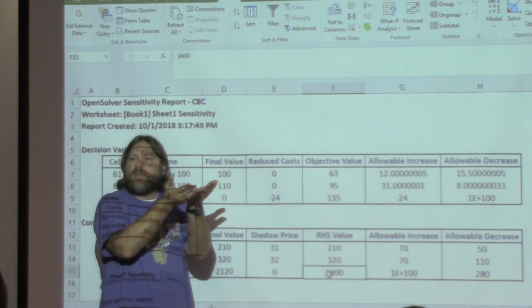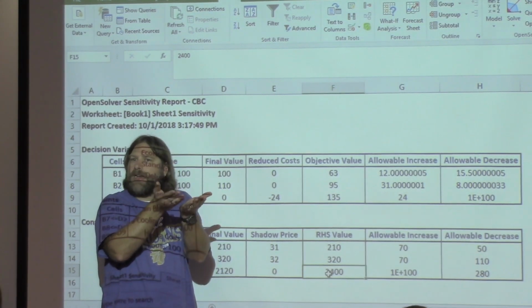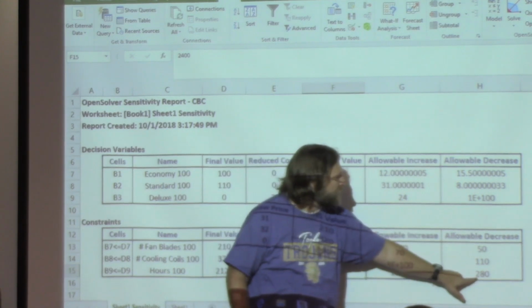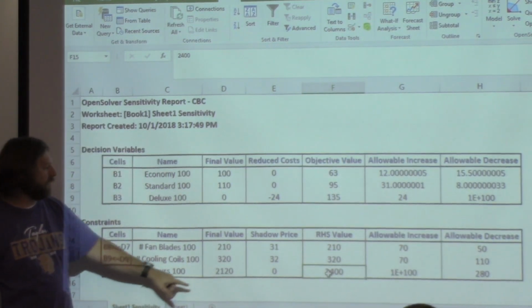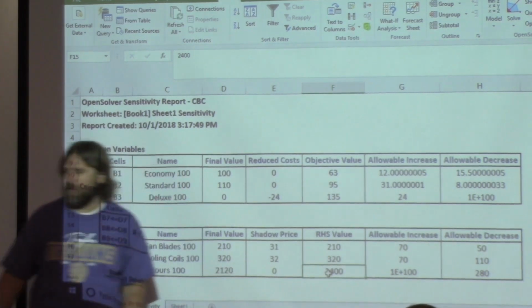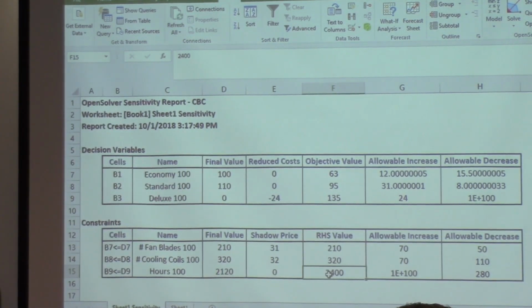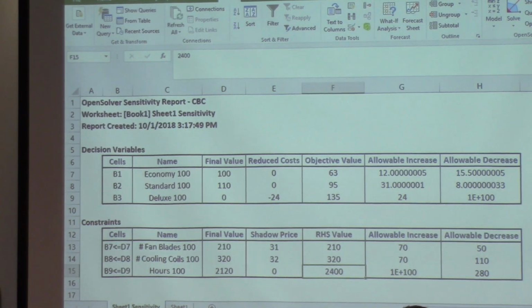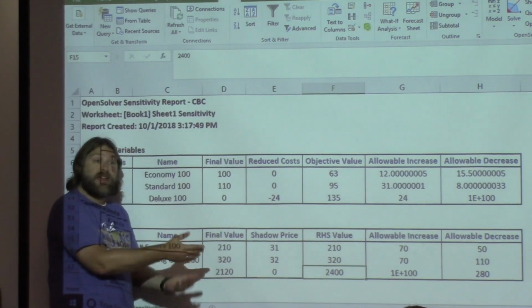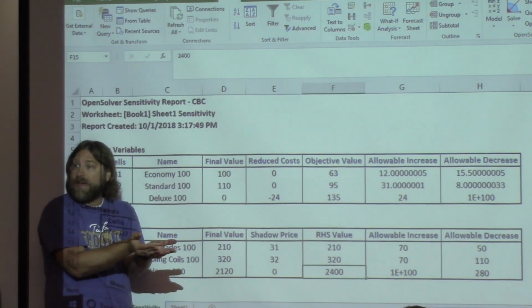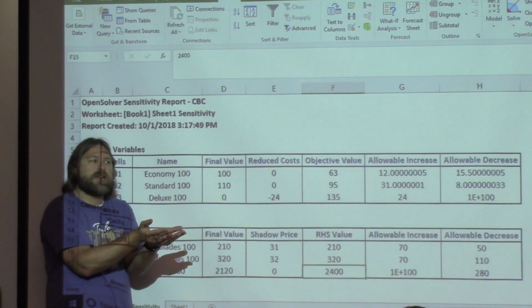What matters, it starts to become a binding constraint when it drops 280 below its current value, right? 280 below that 2400 there exactly hits this 2120 mark right here, right? And it becomes binding. And then if we drop it further below that, now it is going to affect our objective function.